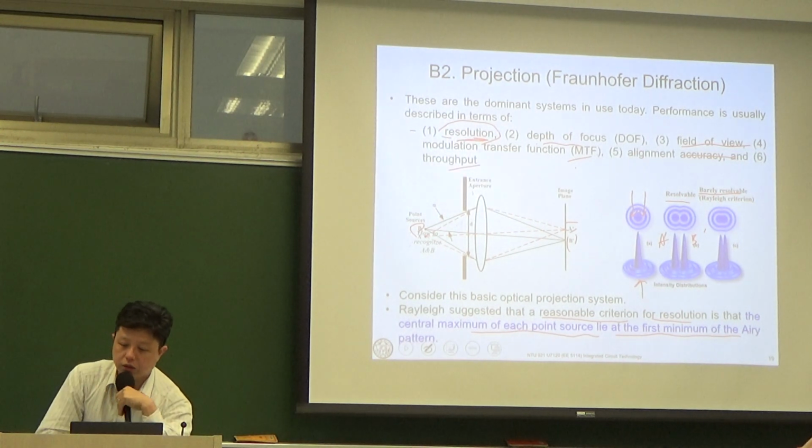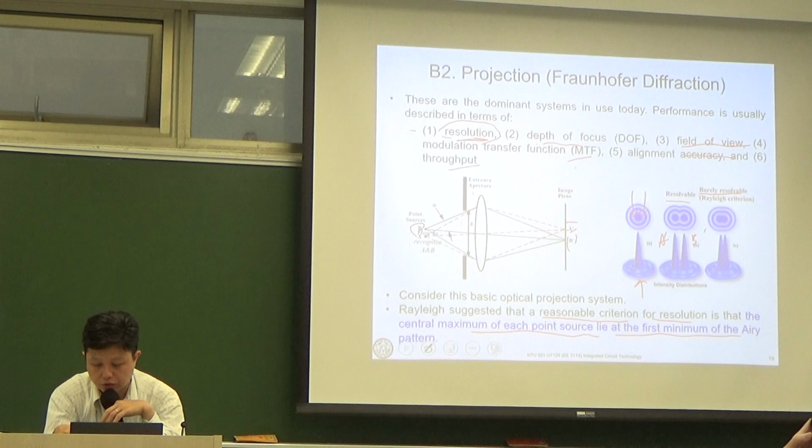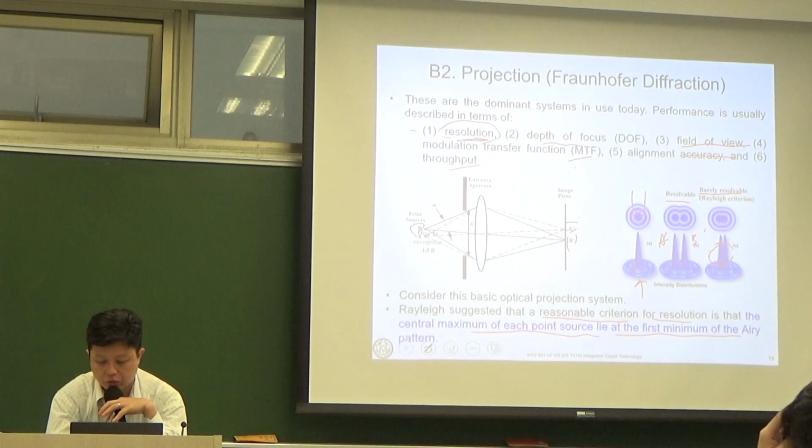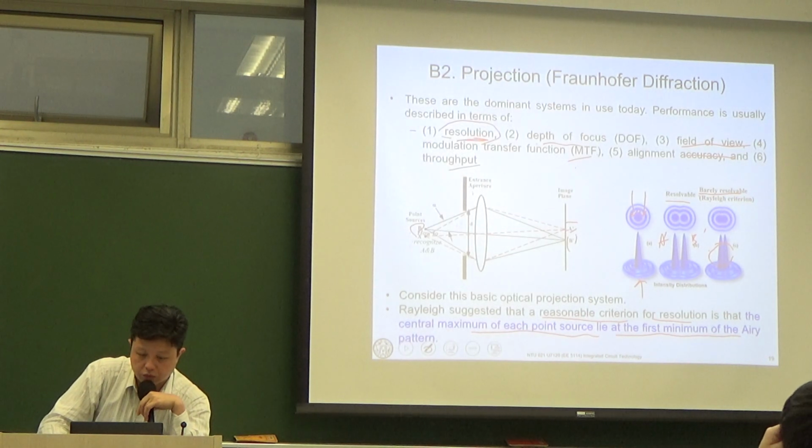So that's the criterion, or it creates a certain condition for us to make sure that if you have this diffraction effect, it can pass this criterion. Okay, so that's the definition of the resolution we have in this projection system.